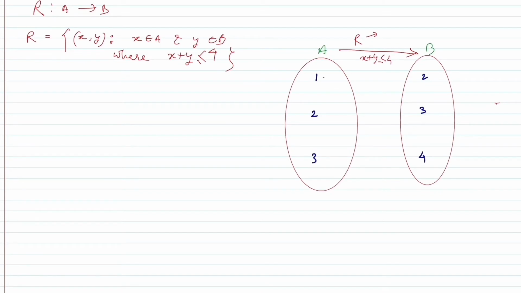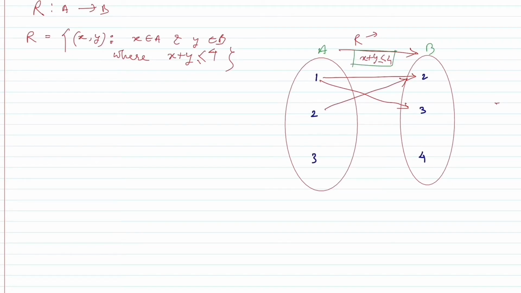In this case, 1 plus 2 is less than 4. Then 1 plus 3 is equal to 4, so we can take that one also. 2 plus 2 is equal to 4, we can take that too, because it satisfies x plus y less than or equal to 4.